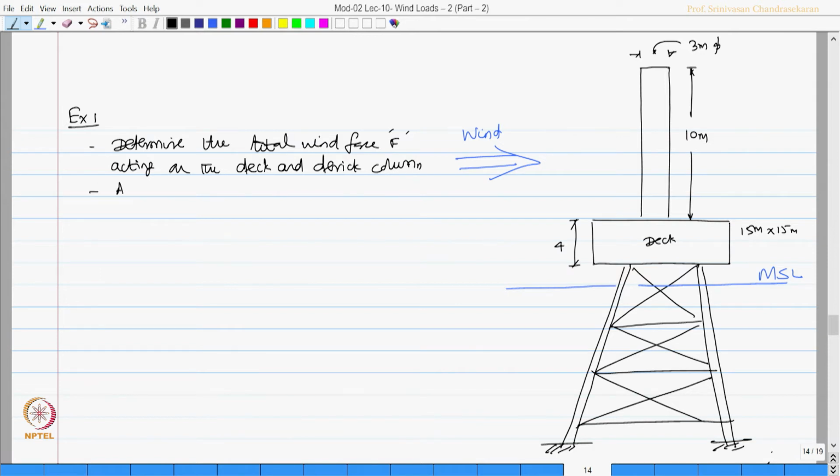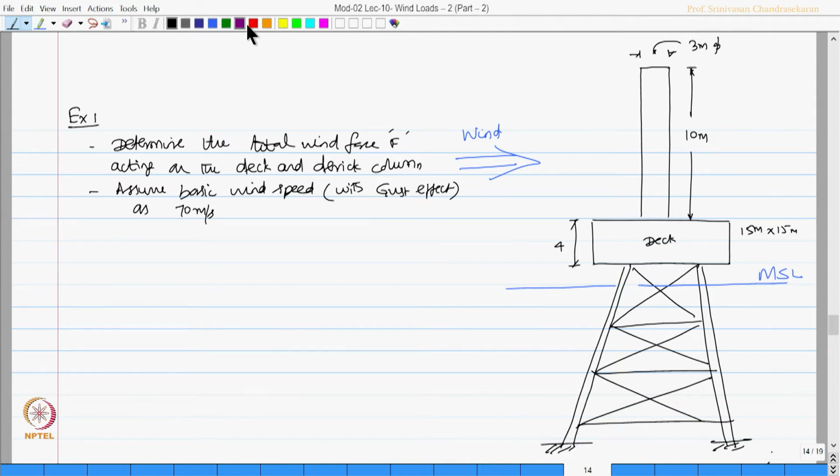Assume basic wind speed with gust. So, gust factor multiplied, is 70 meter per second.